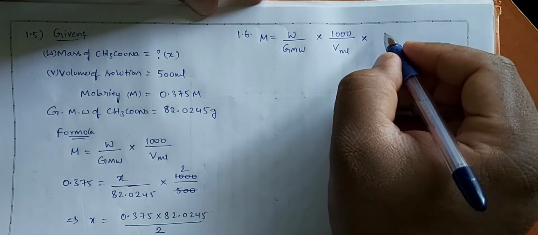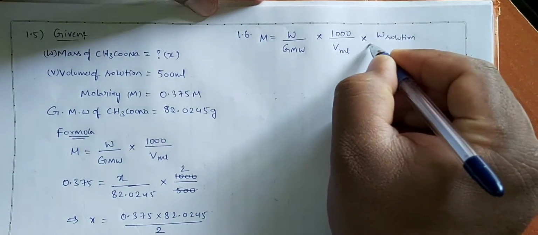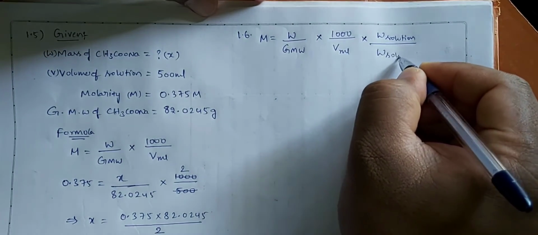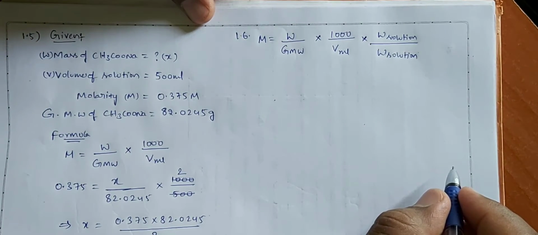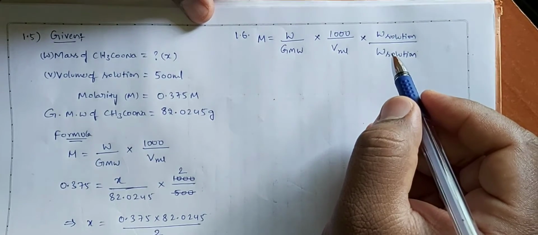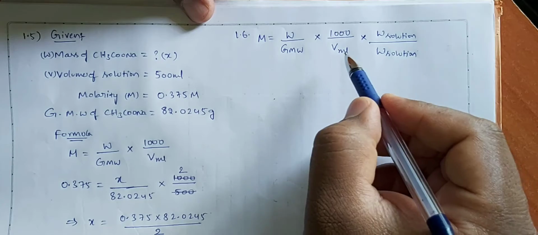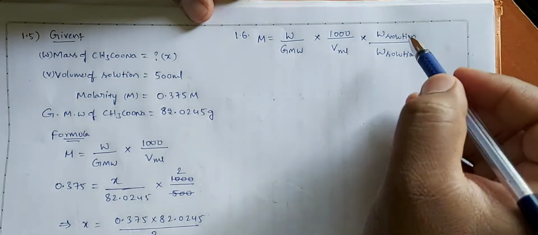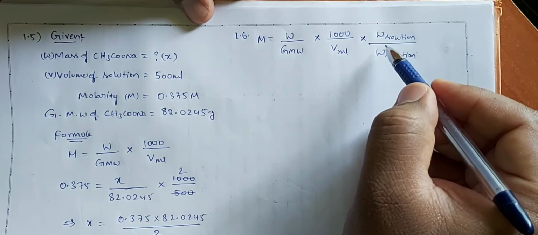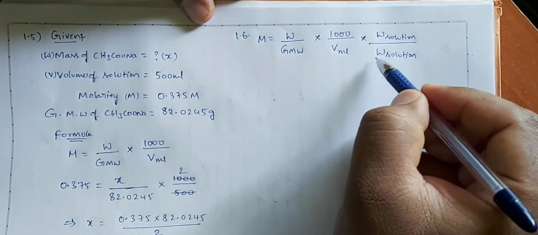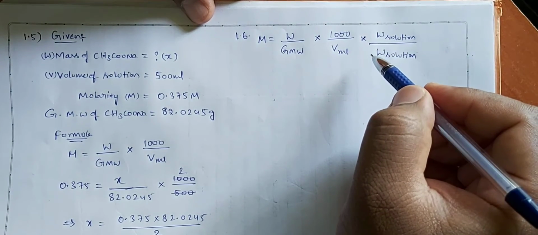I am going to multiply and divide by weight of solution because I want to get this relation with density. For getting the relation with density, mass of solution must be there because this is volume of solution. For that I took weight of solution and divided by weight of solution. This will not affect the total value because it is going to be cancelled anyway. For the derivation only I multiplied and divided.